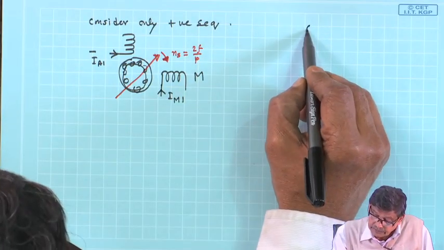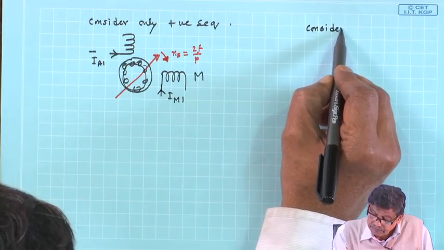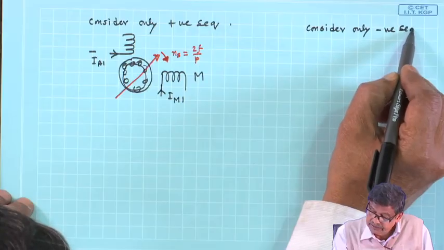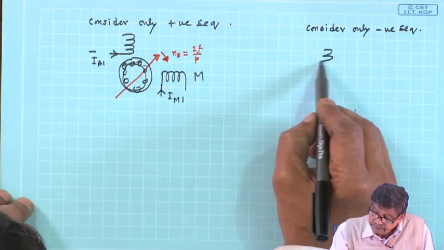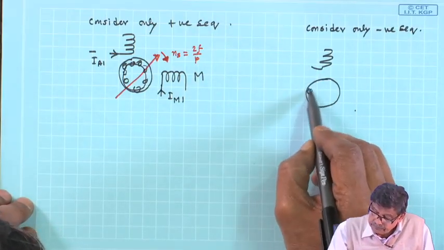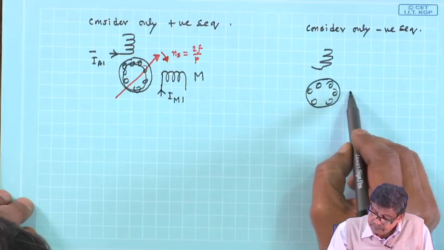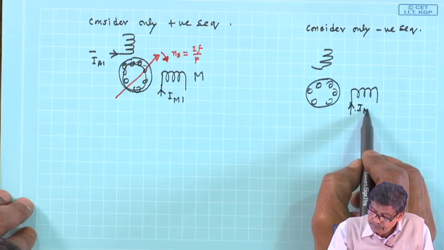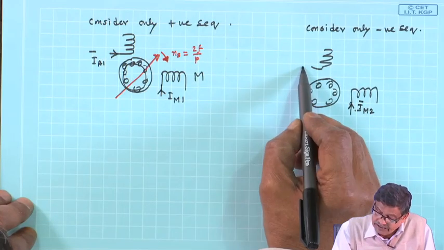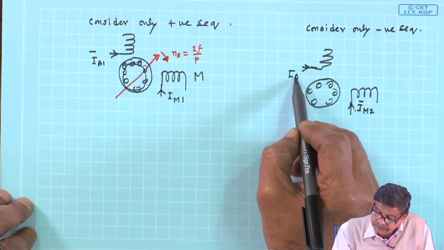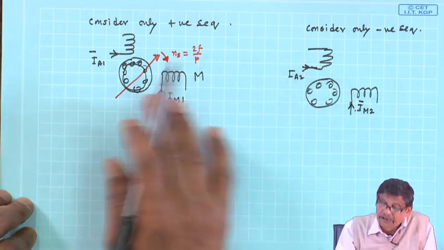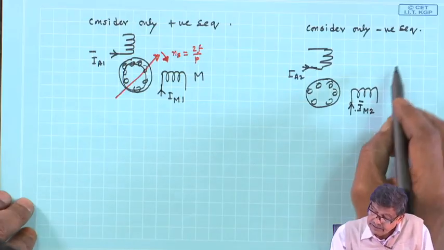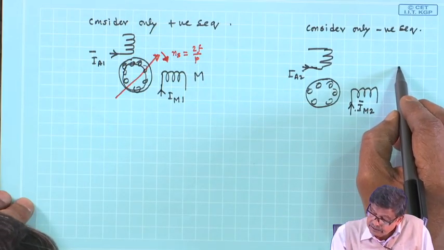Now, consider only negative sequence. It is carrying a current IM2, but with the phase sequence reversed, and it is carrying a current of IA2. I am considering this separately.